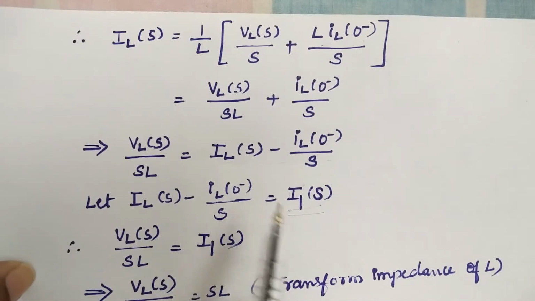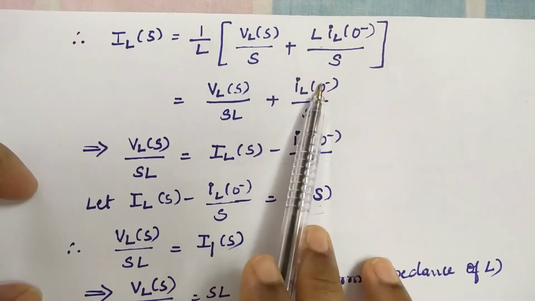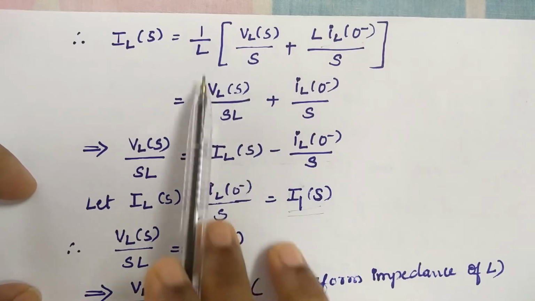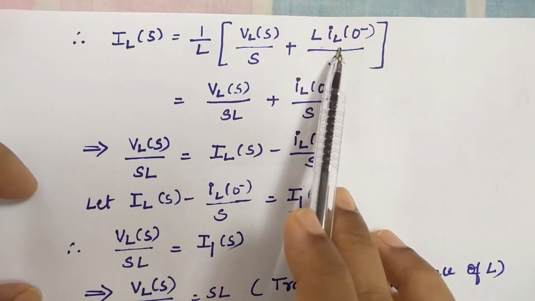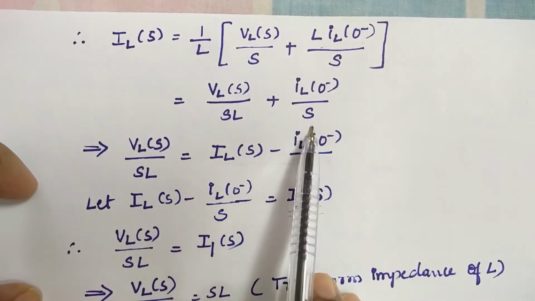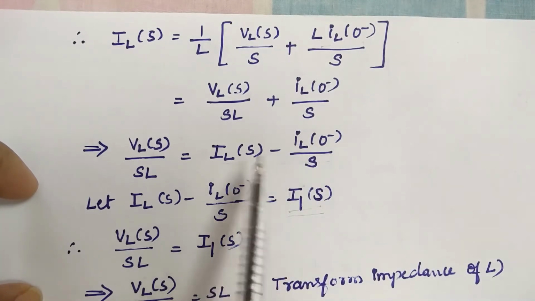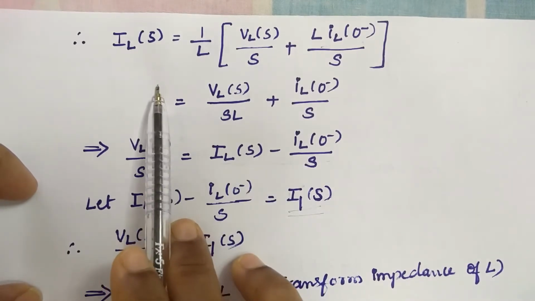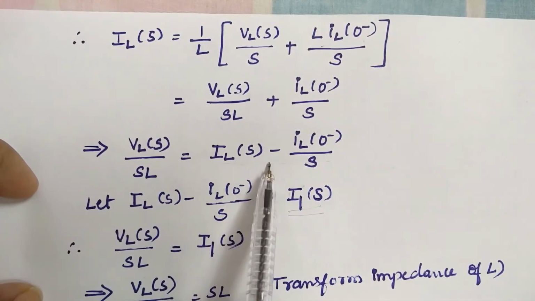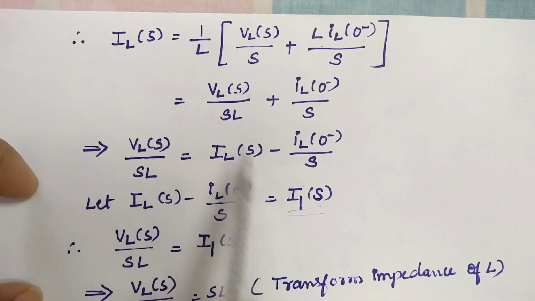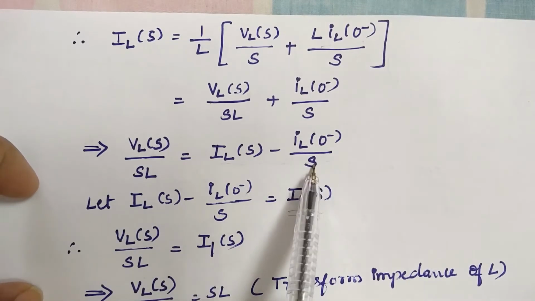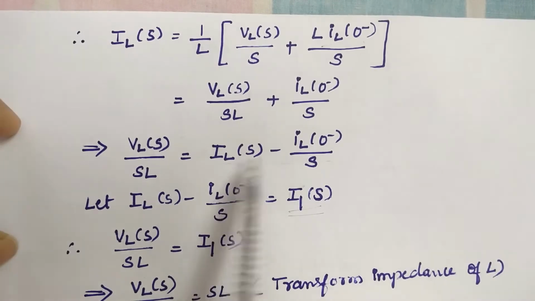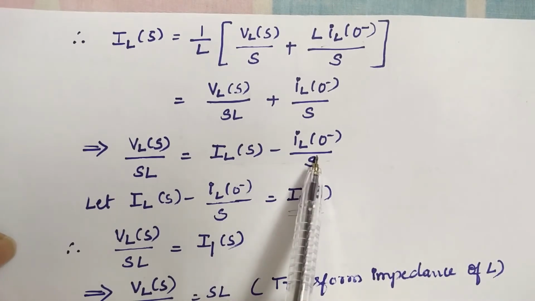Now we are splitting the terms separately. So VL of S by SL plus, L gets cancelled here, so you get IL of 0 minus by S. Now what can we write? Keeping this term on one side and the currents on the other side, IL of S, so it will be minus IL of 0 minus by S. This is the current through the inductor at some time, and this is the initial current through the inductor, right?